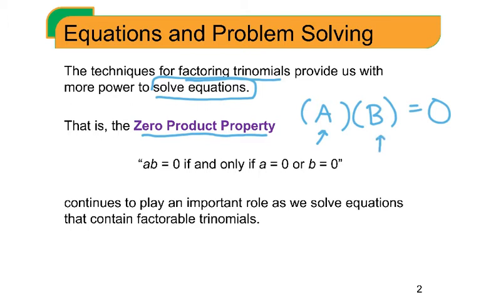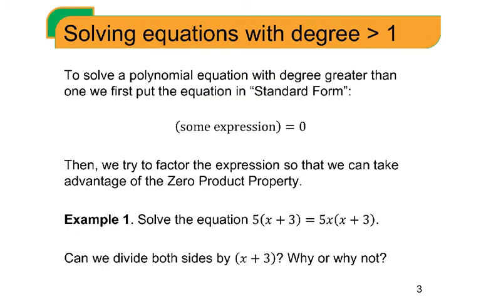And this can be extended to more than two, you can have A, B, C, and so on. Now you have 3 factors, and you'd set all 3 factors equal to 0.